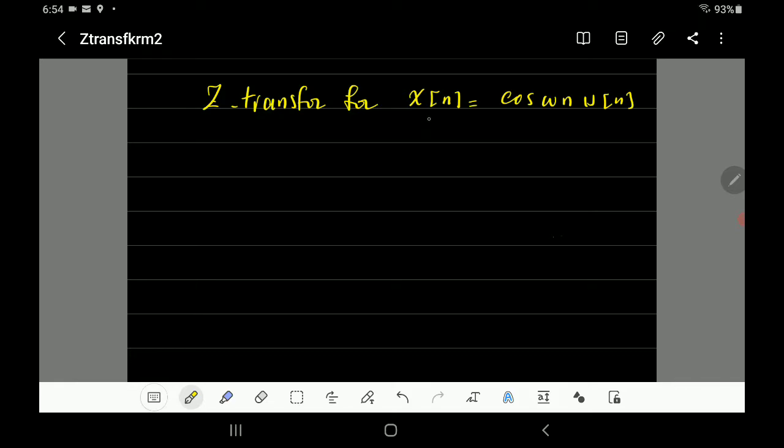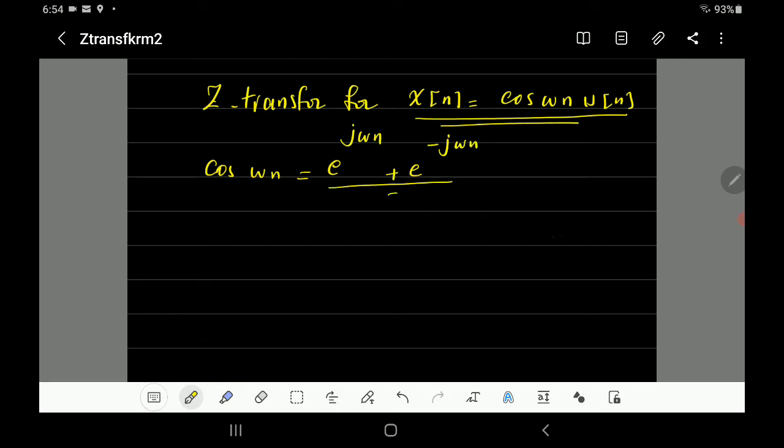Well, to do that, first we have to write the expression for cosine. Cosine omega n can be expressed as the sum of the exponential functions e to the power of j omega n plus e to the power of minus j omega n, divided by 2.